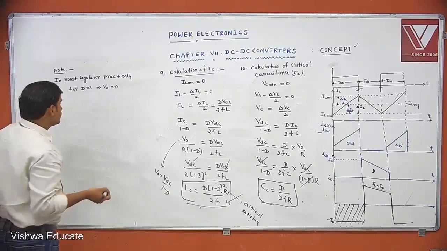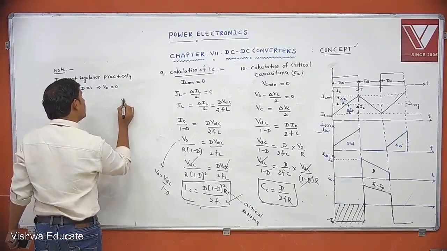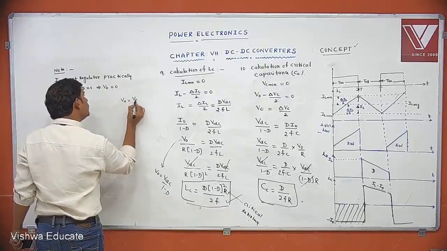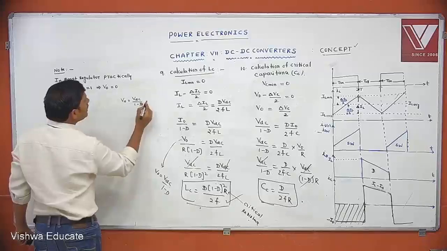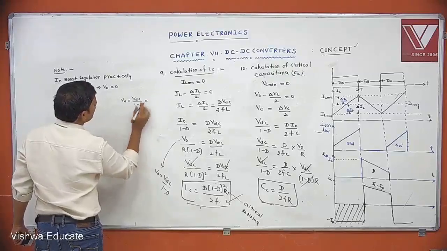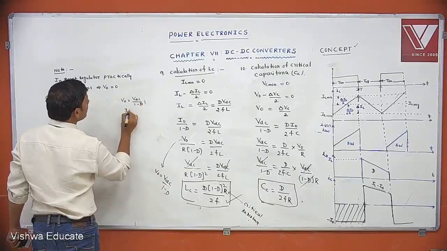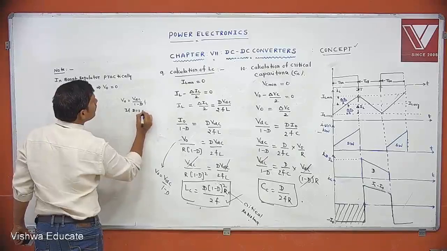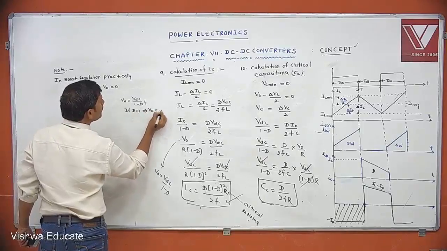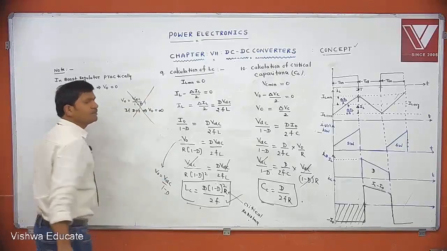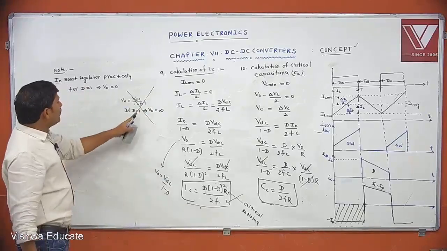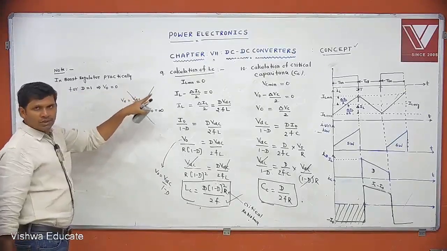What is the reason? As per the formula, V naught equals VDC by 1 minus D. If you substitute D equal to 1, V naught equals infinity. But this is the ideal case. Practically it is not possible. Why for D equal to 1, V naught equal to 0?